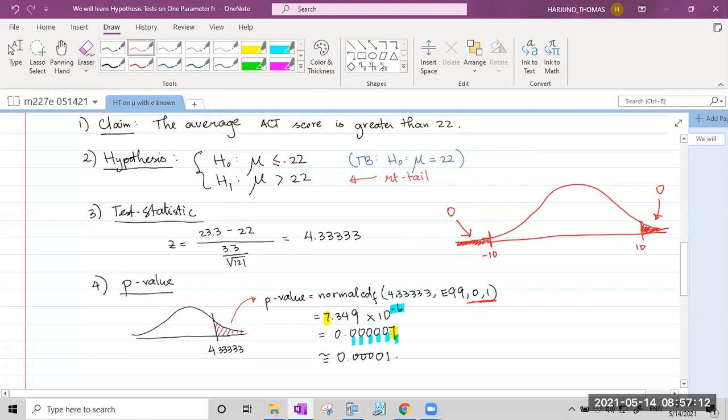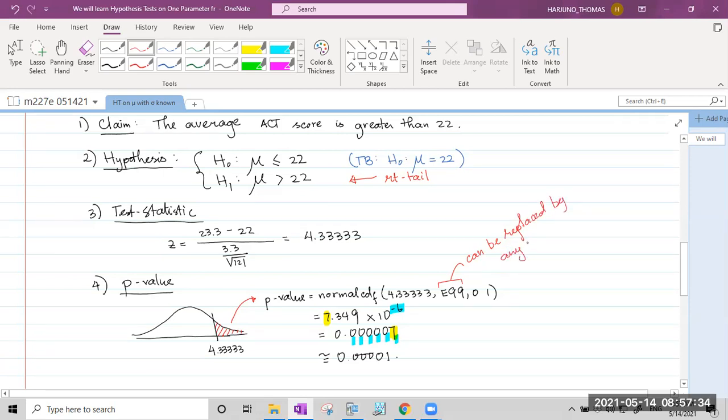Okay, this is actually a side story. You don't need to know this, but it's nice if you know something more, right? The number I use here can be replaced by any number more than 10 standard deviations above the mean.